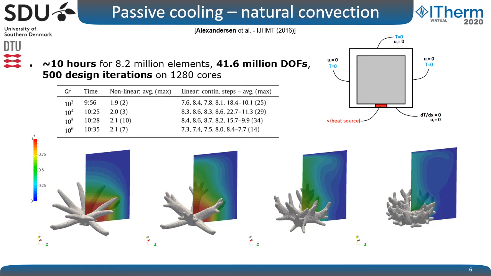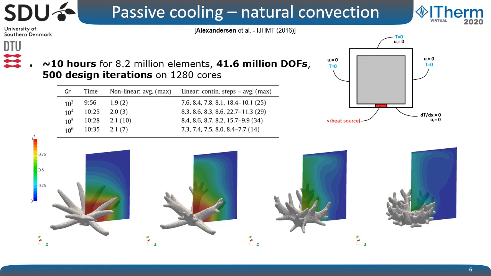And we see as we increase the Grashof number from left to right, so that's increasing the importance of natural convection, we go from these long, slender, straight members here, and they sort of start to curl up and contract. We get more and more complicated structures here, but we also see that we get these vertical surface areas that are of course there to accelerate the flow, but also to increase the surface area parallel to the flow, which increases heat transfer.